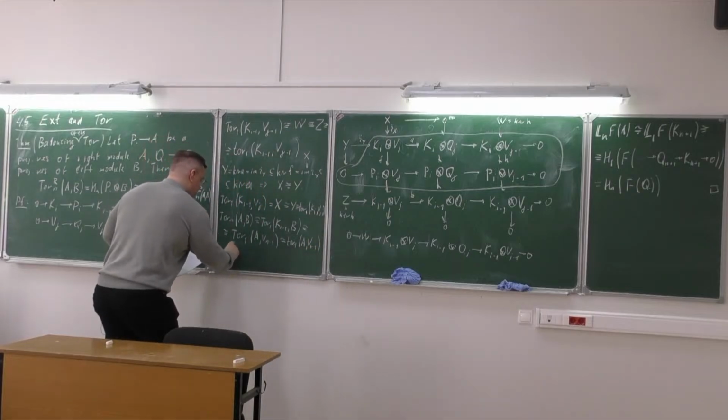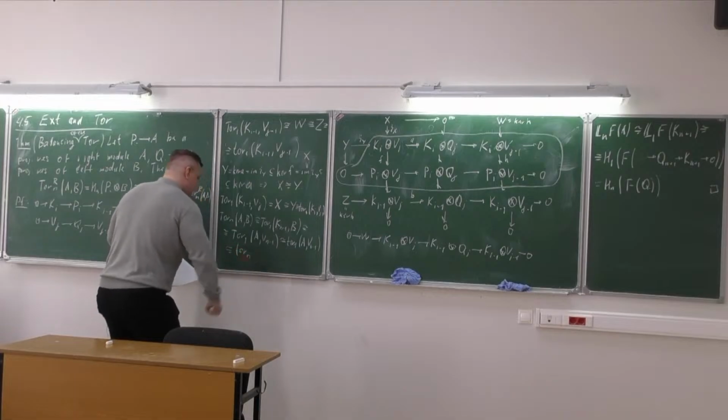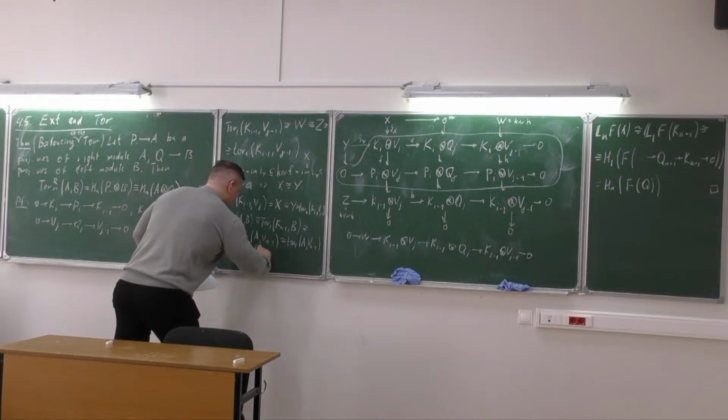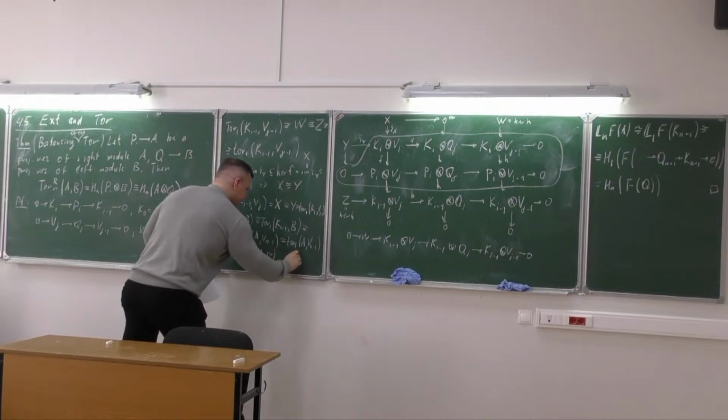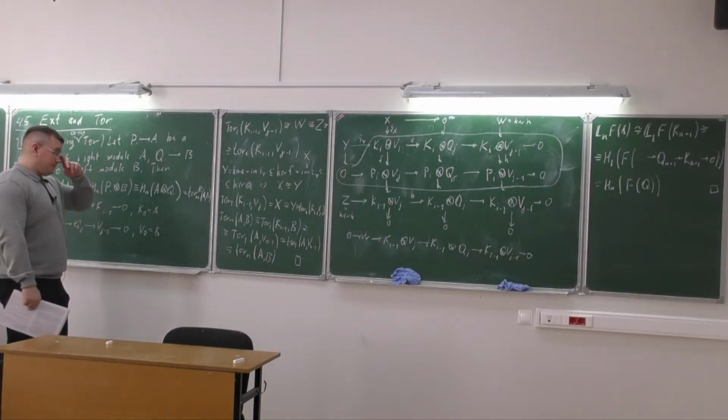And finally, by the dimension shifting, this is Tor with a little t and index n between A and B. So that's the end of the computation and the end of the proof.